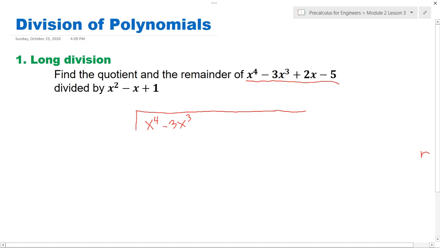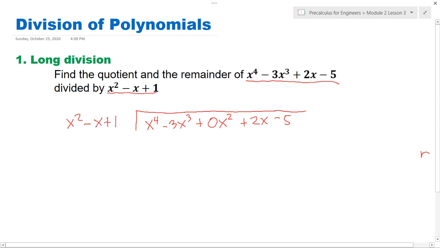So ano yung kasunod ng 3x cubed? X squared. Sir, sa dividend, sir, walang x squared. So we can just write plus 0x squared. Still the same. Then plus 2x minus 5. Then write the divisor. Ito yung divisor natin. So we have x squared minus x plus 1.